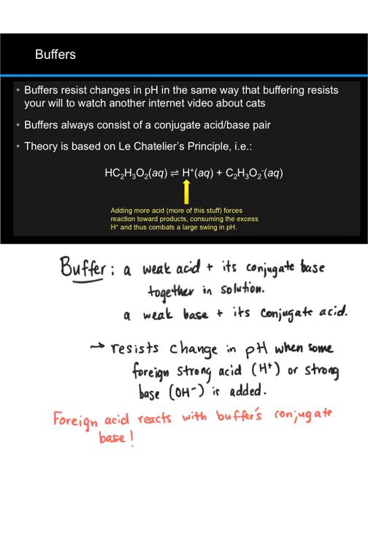A foreign acid, say hydrochloric acid, reacts with the buffer's conjugate base. In the acetic acid acetate buffer that we see above, the addition of HCl to that buffer would cause a reaction with acetate, C2H3O2 minus.